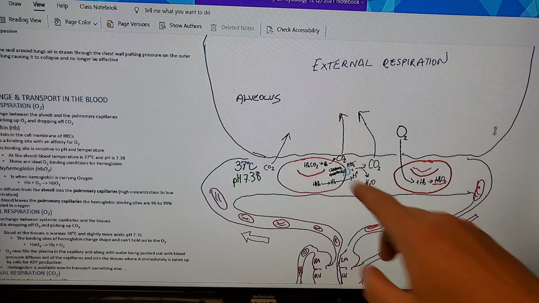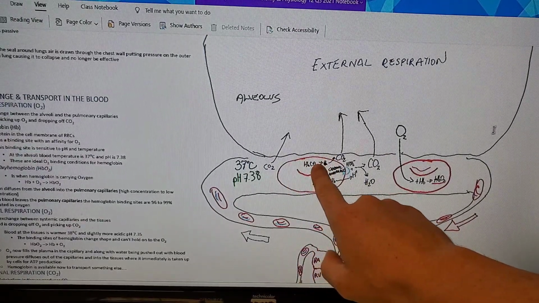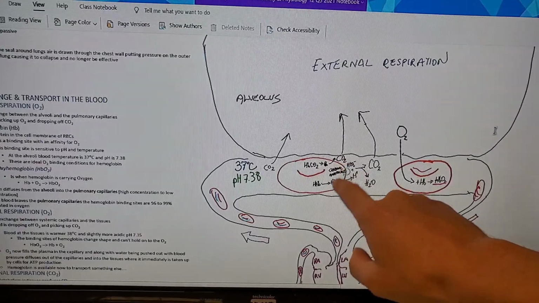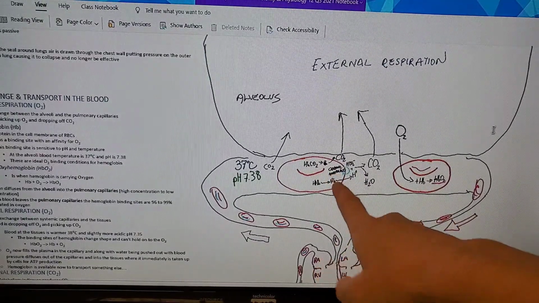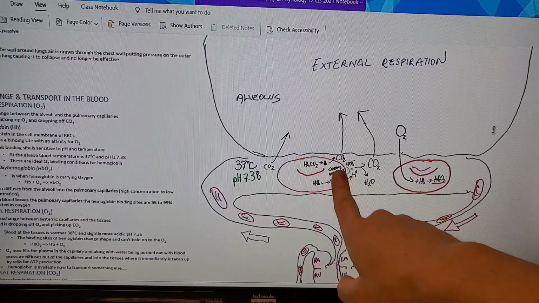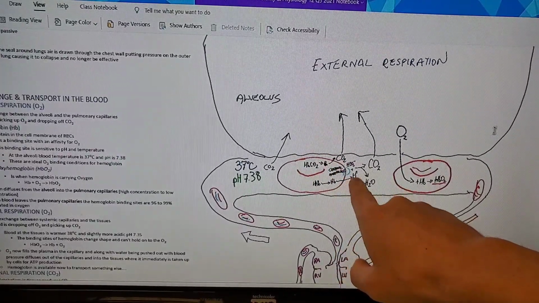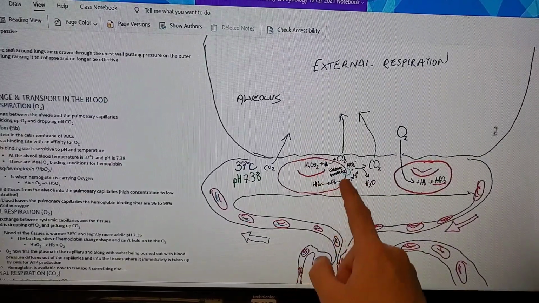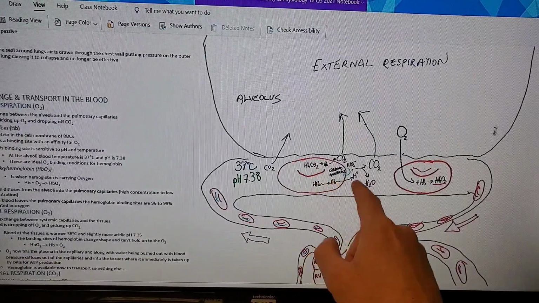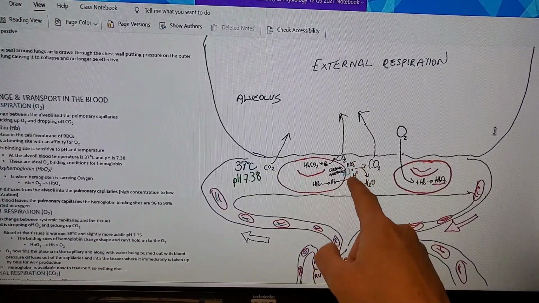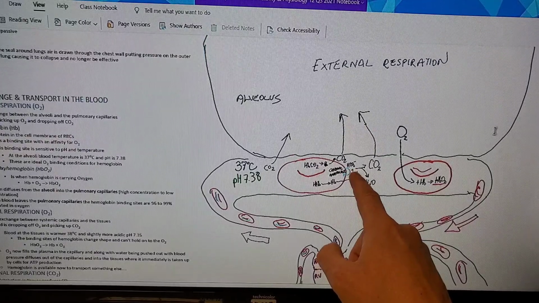It doesn't want to hang on to this carbon dioxide anymore, so it lets it go into the plasma. At the same time, carbonic anhydrase, this enzyme, also changes shape in these conditions, and now it starts doing the opposite of what it was doing before. It starts taking hydrogen ions and bicarbonate and merging them together.